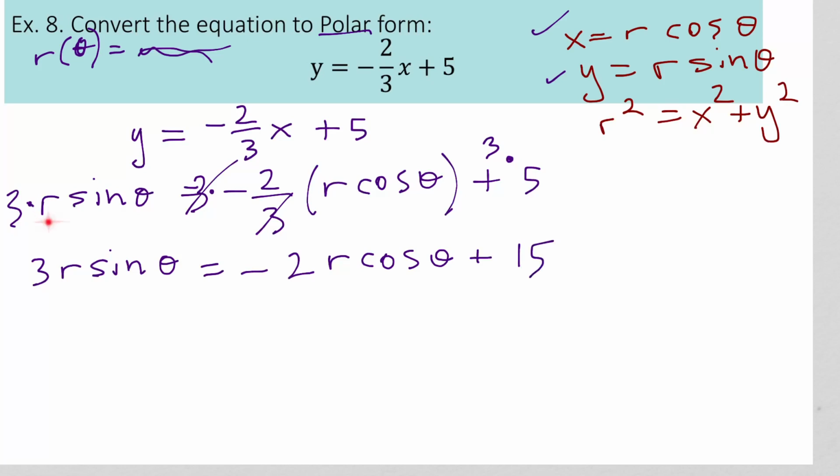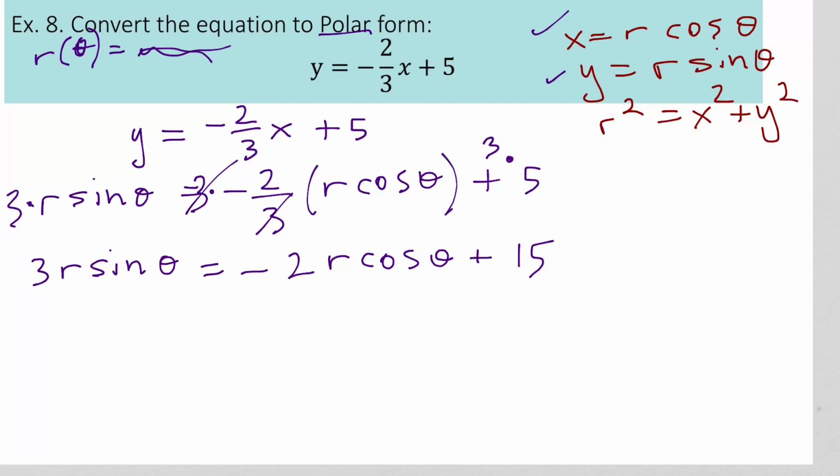I just multiplied everything through by 3, which is this denominator, to get that to cancel out. So 3r sine theta, then this 3 here would cancel with this 3 here, negative 2r cosine theta. 3 times 5 is 15.